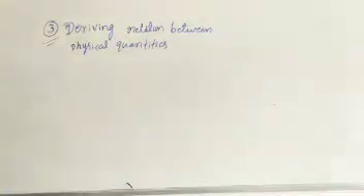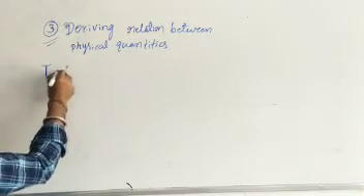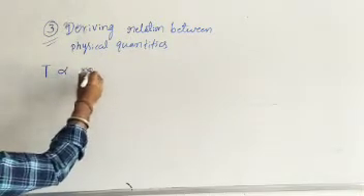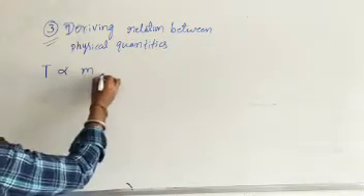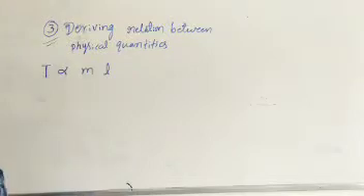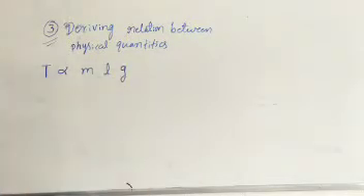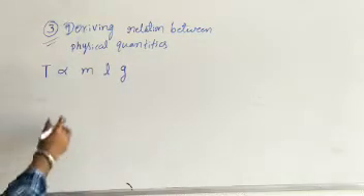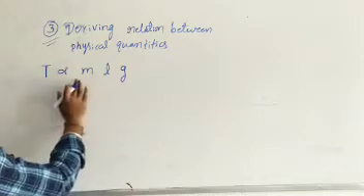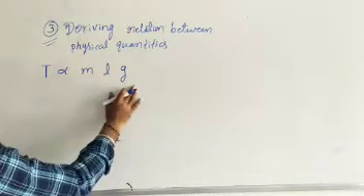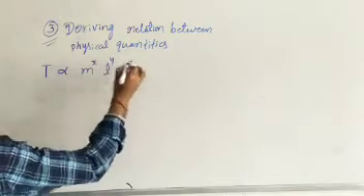So the time period of a simple pendulum depends upon mass, length and acceleration due to gravity. We are expressing the derived quantity in terms of fundamental quantities by raising the powers.